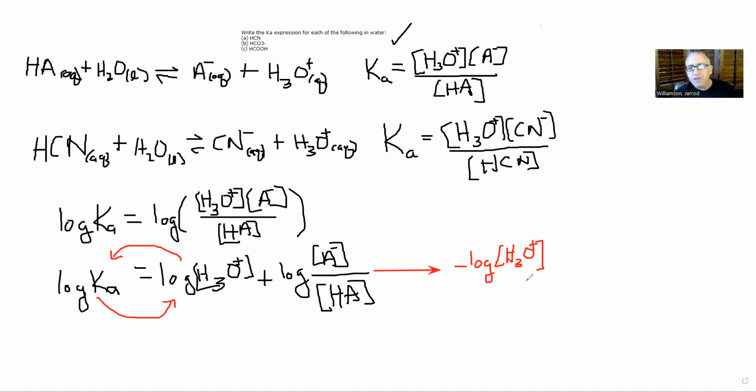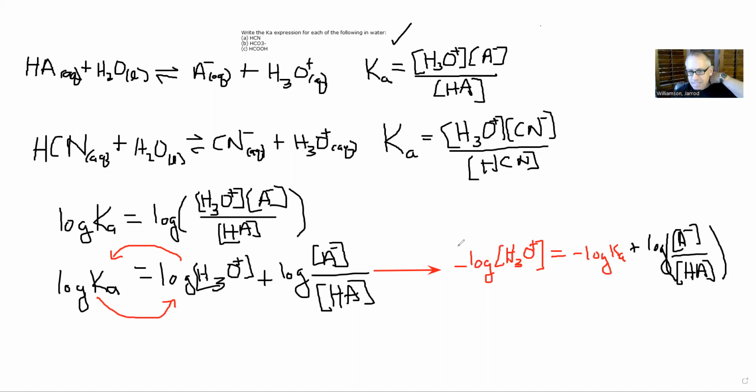I moved this over, so I left it in red, so you see it's one of the guys that I moved, is equal to, and if I move this over to the other side, that becomes minus the log of the Ka plus the log of A minus over HA. I'm going to put parentheses around that so we know it's one unit.